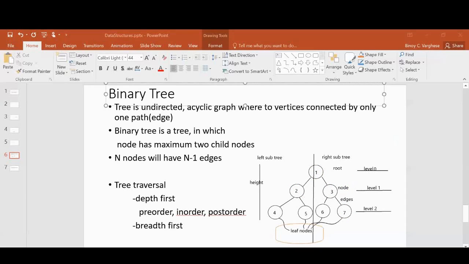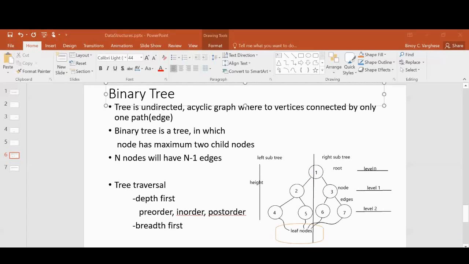Only one edge is there, correct? And there is no cycle, which means the first node and the 2 and 3 are connected by only one path. There should not be a connection between 2 and 3. If that were the case, then we could say this is cyclic. So it should not be the case; a cycle should not be present in this graph.